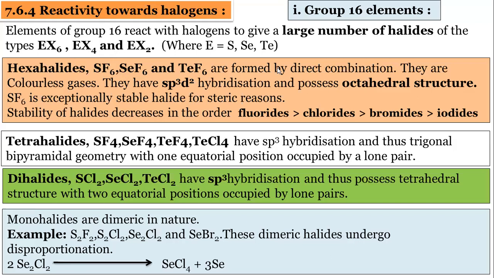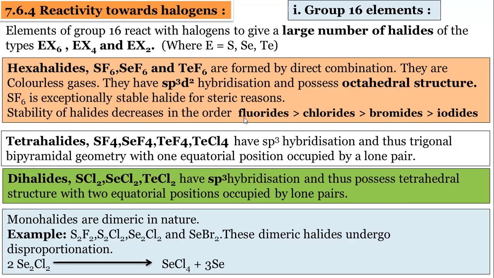They are formed by the direct combination of sulfur and fluorine. These are colorless gases. They have sp3d2 hybridization of sulfur. That's why these are octahedral. When sp3d2 hybridization is there, they have the octahedral structure.